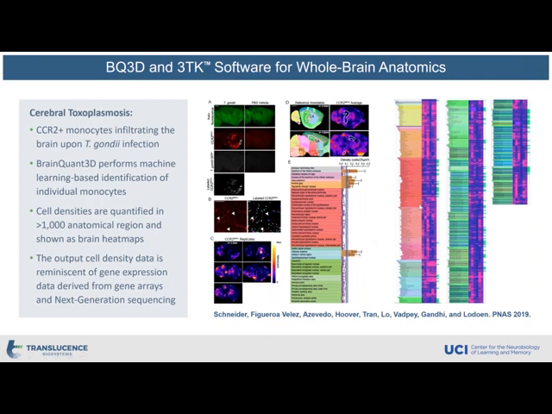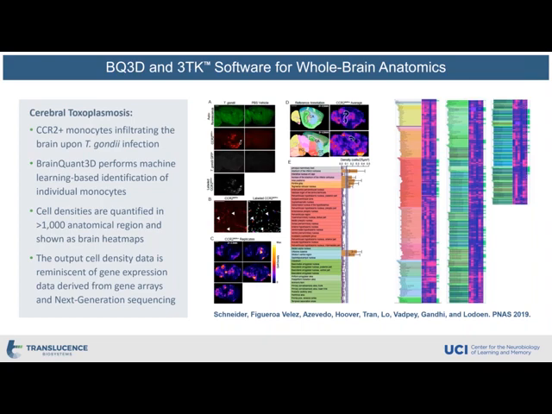What's shown over here is the data plotted as heat maps. So we had analyzed the monocyte infiltration for a number of different brains, and each column here shows you the density of monocytes across hundreds of different brain areas in the case of the toxo-infected mice. And what you can see is there's kind of a sporadic pattern with some form of consistency, and that this data looks very much like gene expression data that you might get from RNA sequencing.